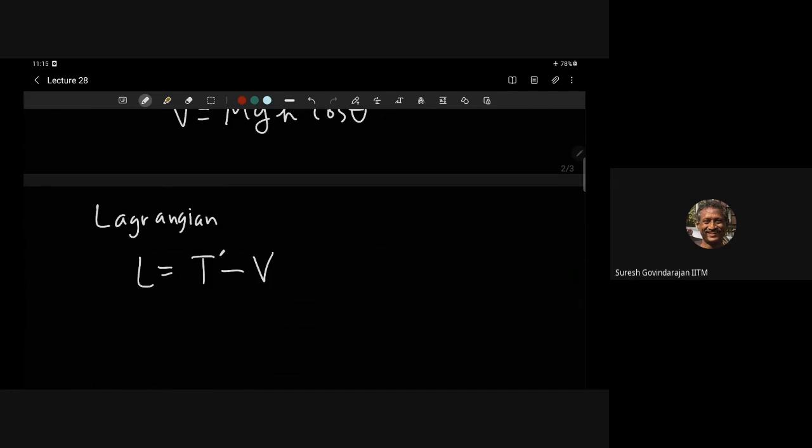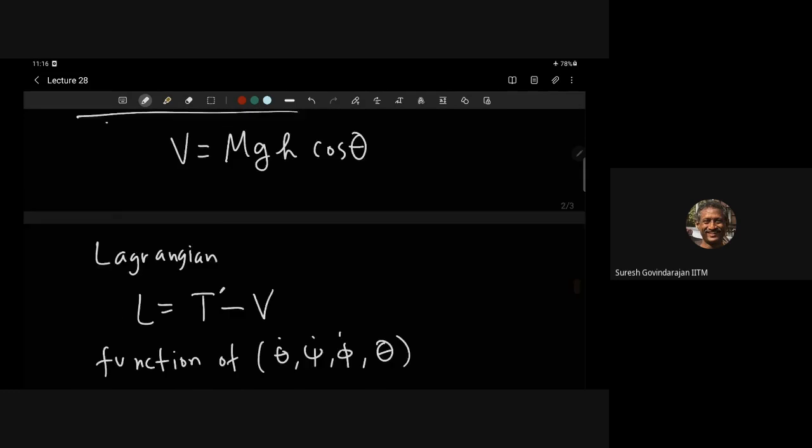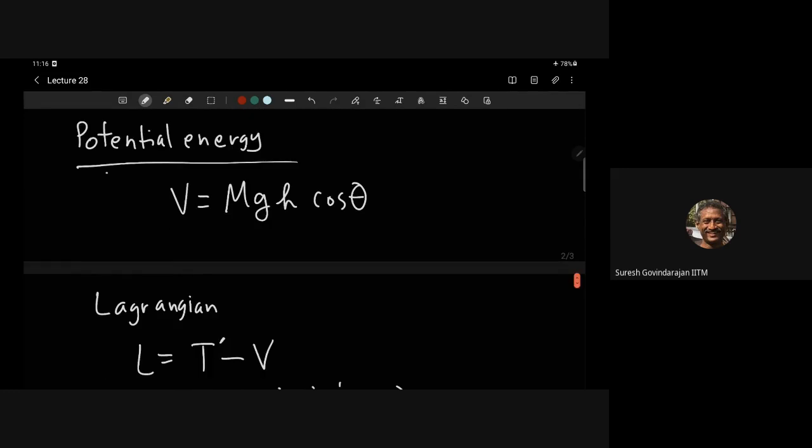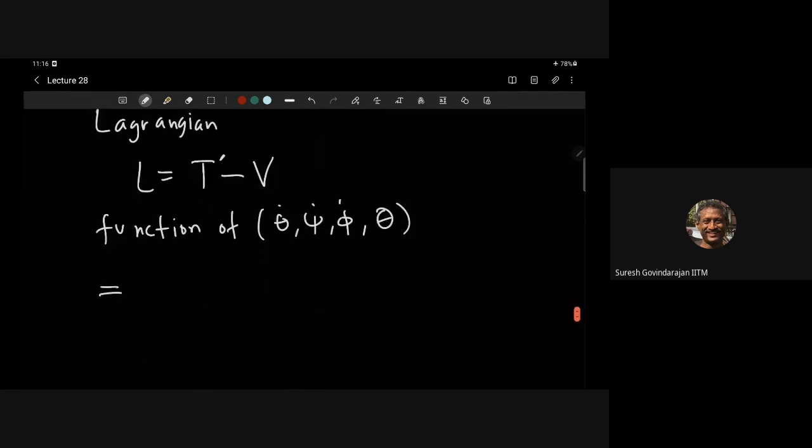The Lagrangian is T prime, and we see that it's a function of theta dot, psi dot, phi dot, and only theta. Even V is only a function of theta. So what can we say? The coordinates psi and phi are cyclic coordinates.